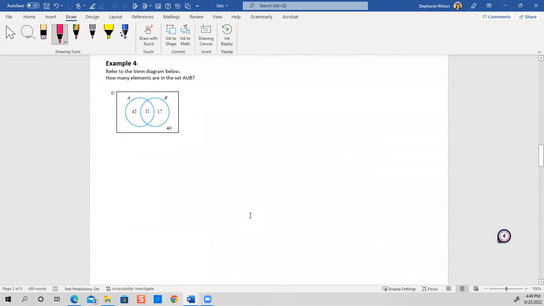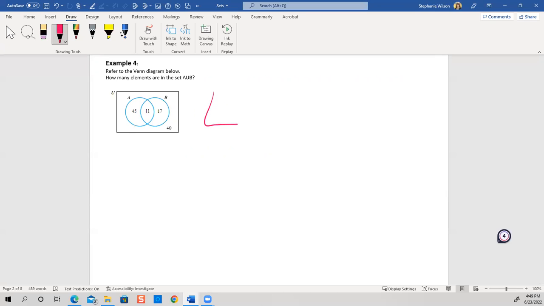Let's look at example 4. We're going to refer to this Venn diagram below. How many elements are in the set A union B? So looking at that, we're trying to figure out where A union B is.